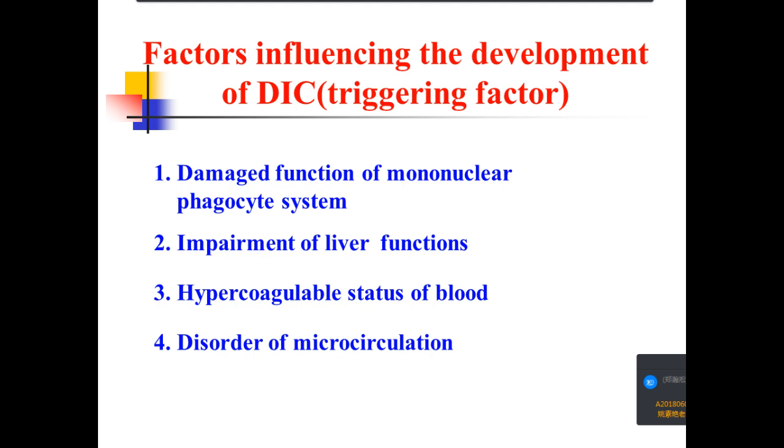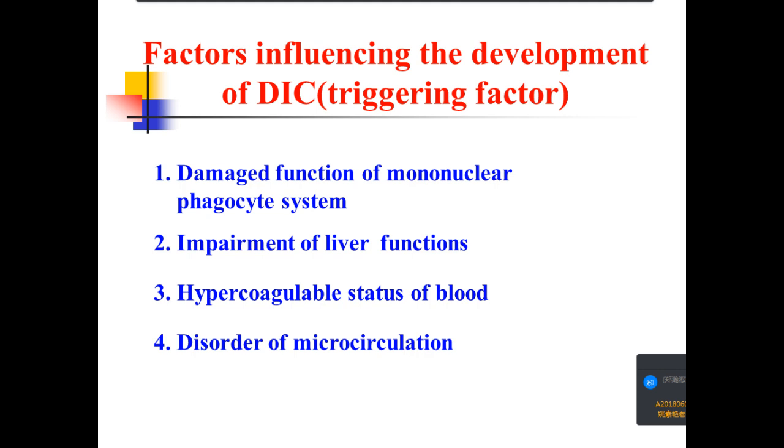Next, the factors influencing the development of DIC, the triggering factors of DIC, include four. First, damage to the function of the mononuclear phagocyte system, which belongs to the cellular anticoagulation system.